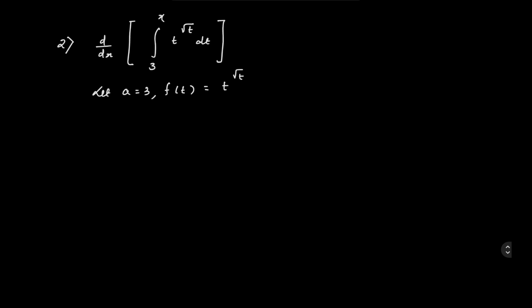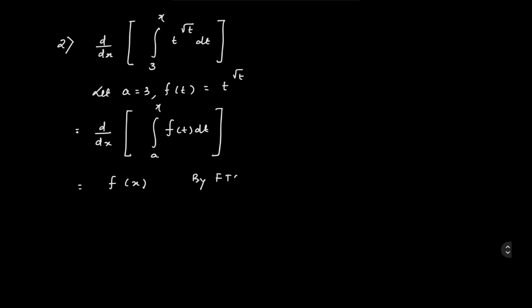So the above question can be rewritten as the integral from a to x of f(t) dt. The answer will be f(x) by the fundamental theorem of calculus. Since f(t) is t raised to root t, f(x) will be x raised to root x.